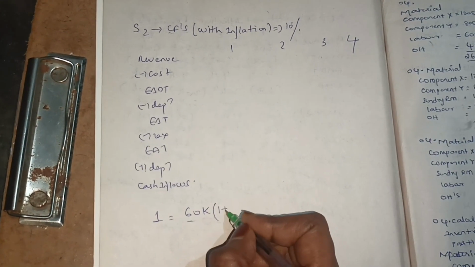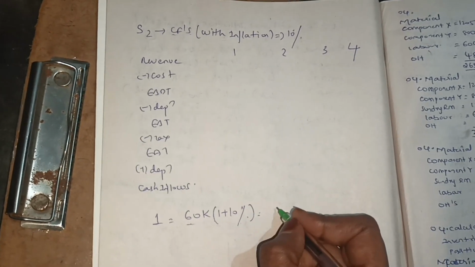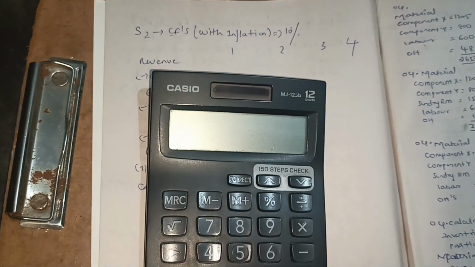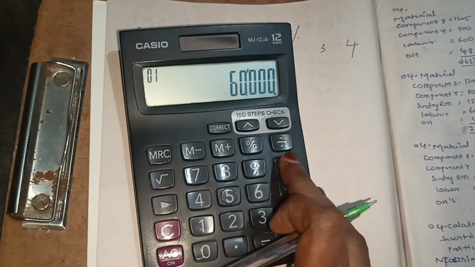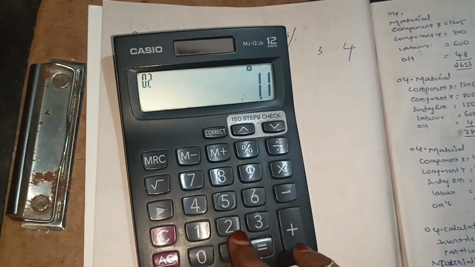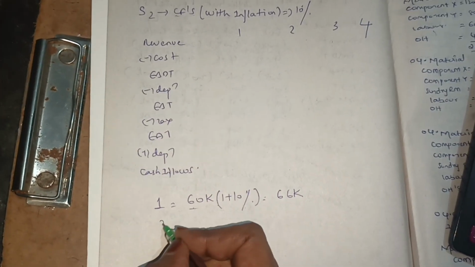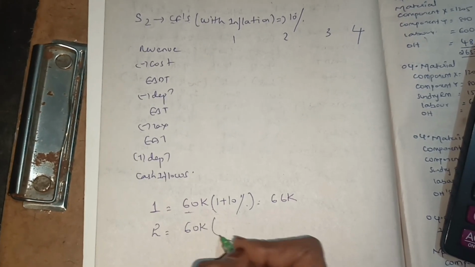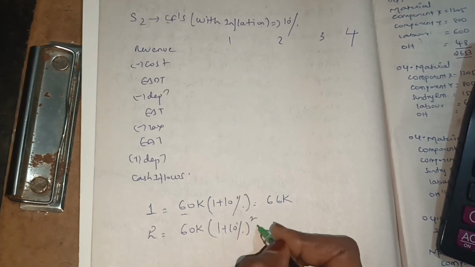So 1 plus 10%. So we will be getting 66,000. 60,000 into 1.1. Yes, 66,000.